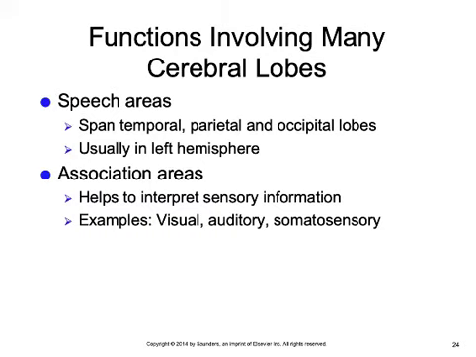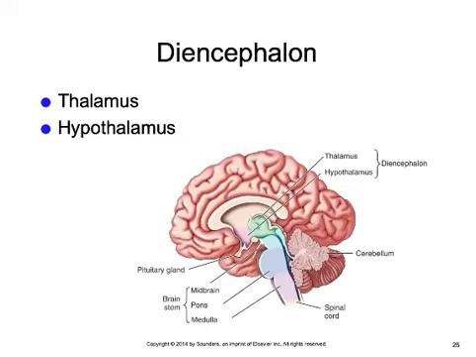That said, the brain does have communication between the two hemispheres through tracts of white matter, the corpus callosum and the fornix are examples of that, okay?